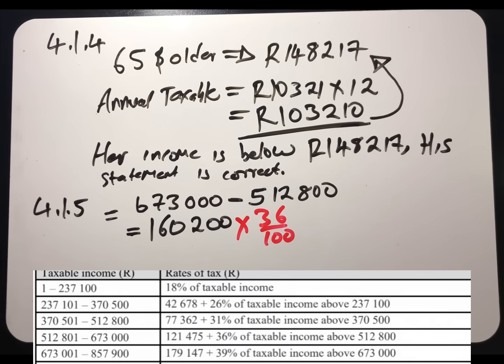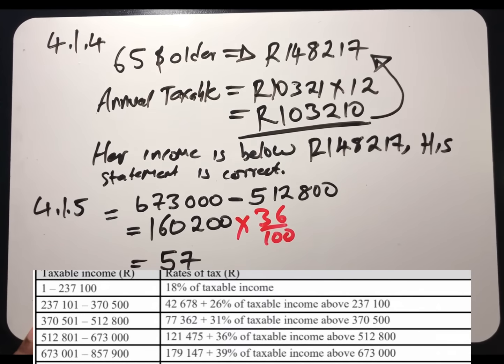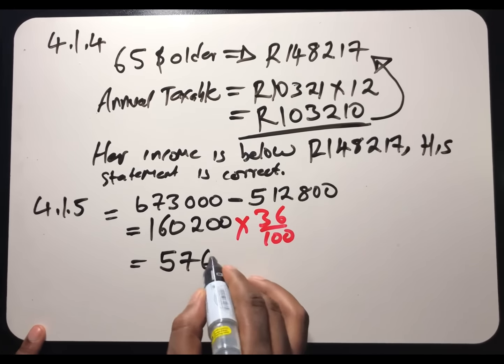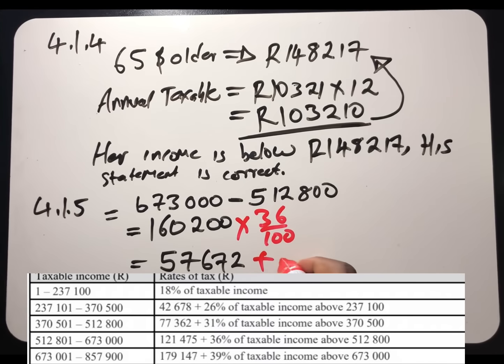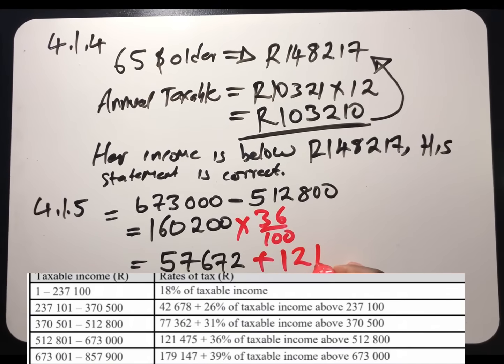We find that our answer is 57,672. And then after getting that amount, you add 121,475.